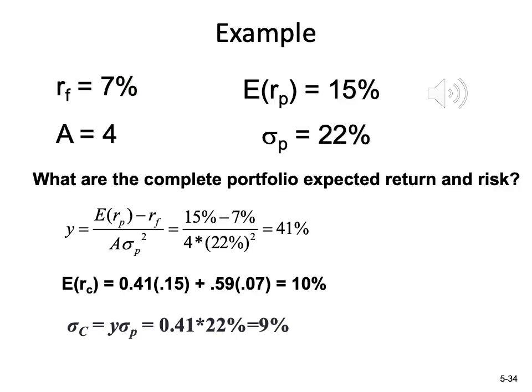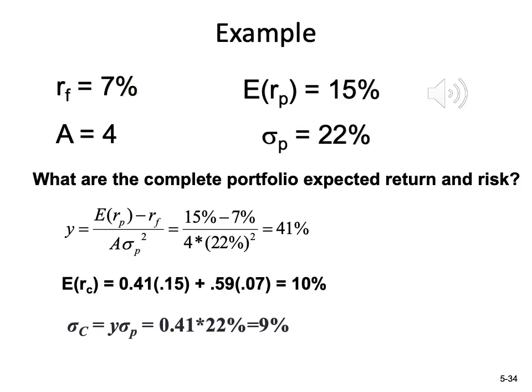So for this particular investor, the complete portfolio's expected return will be 41% times the 15% risky portfolio return, plus 59% of the money you put in the risk-free asset times the 7% return from the risk-free asset. The weighted average return is 10%.